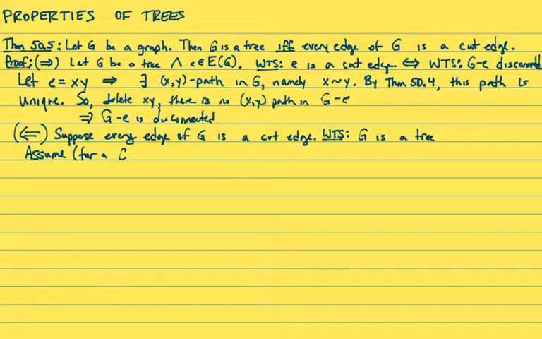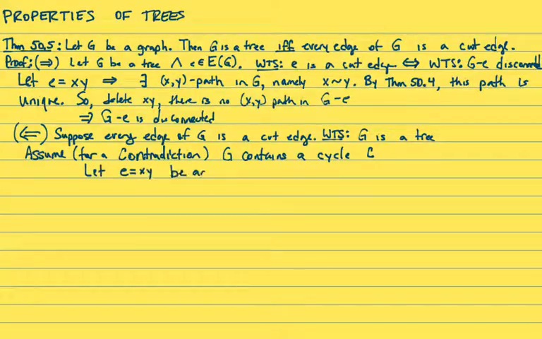Assume, for the sake of a contradiction, that G contains a cycle. Since a tree is acyclic, we're going to assume that it's not acyclic, that it has a cycle, and show that leads to a contradiction. Let E be an edge of the graph. We'll call it XY, and it's an edge of that cycle C in G.